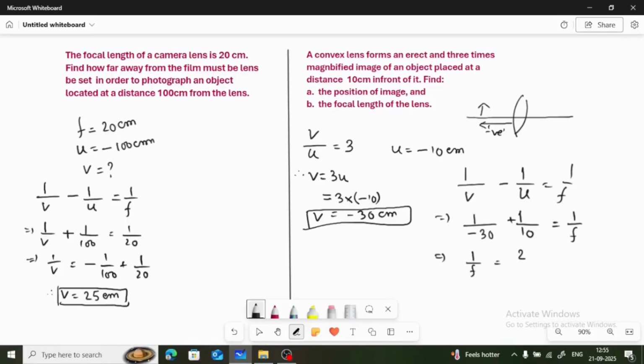So you get f equal to 15 cm. For a convex lens, the focal length is also positive. So the focal length of the lens is 15 cm.